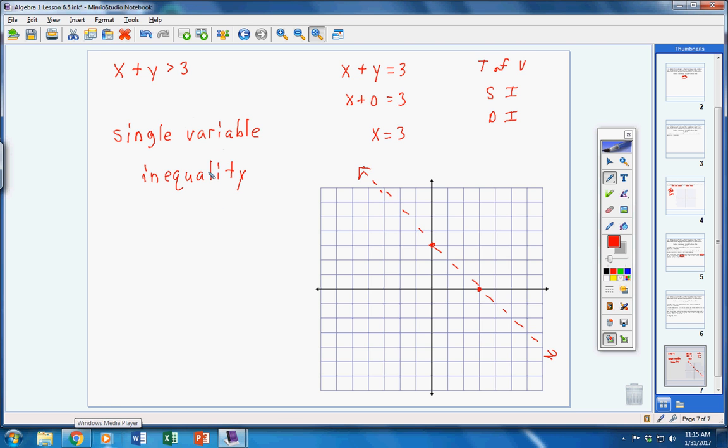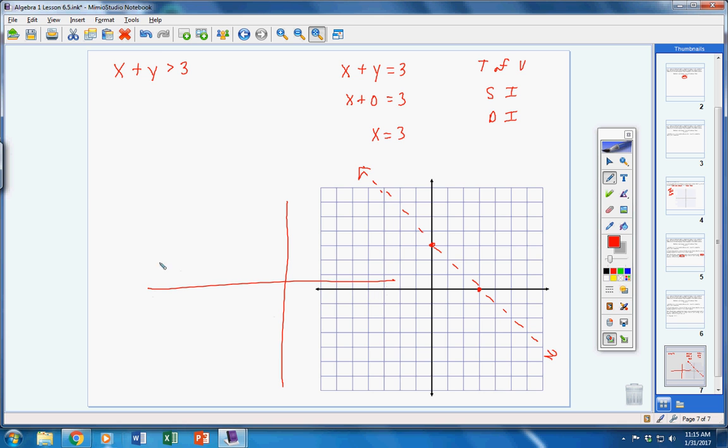Single variable inequalities, okay? When you shade those, they're really easy to shade because you have either vertical lines or horizontal lines, so it's easy to know where to shade. When you have a two-variable inequality like this, you have slanted lines. Those are not easy to know where to shade.